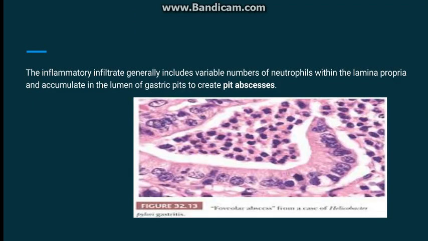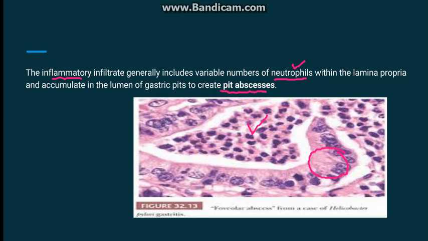Now, associated with it is always an inflammation. Now, inflammation is of various types. Firstly, the inflammation includes a variable number of neutrophils, and these neutrophils can enter into the epithelial cells, which is known as intraepithelial neutrophils, and they can even accumulate in the gastric pits where they can form pit abscesses.